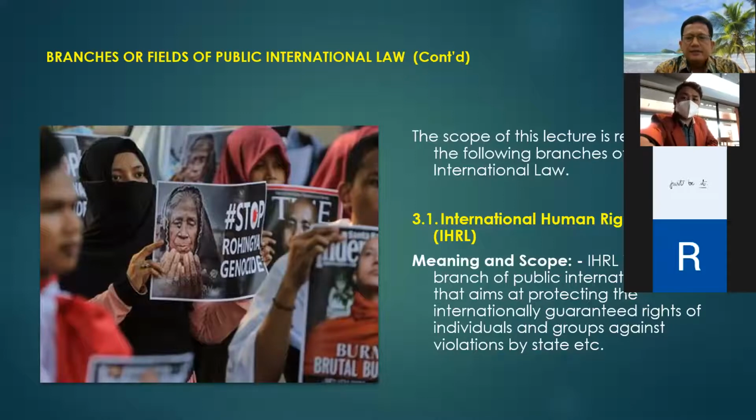International human rights law tries to advocate for and protect people from violation by their own government or own state or own elite.